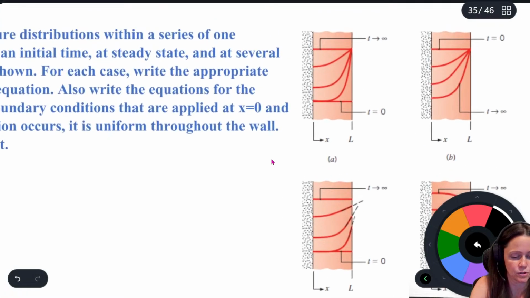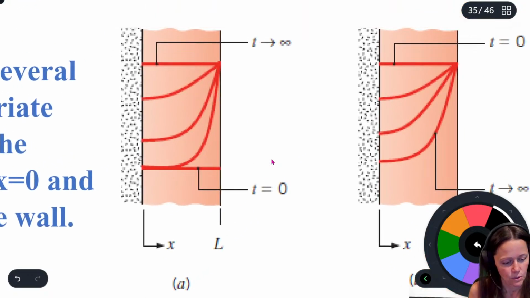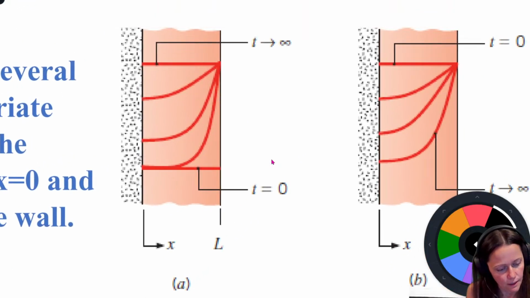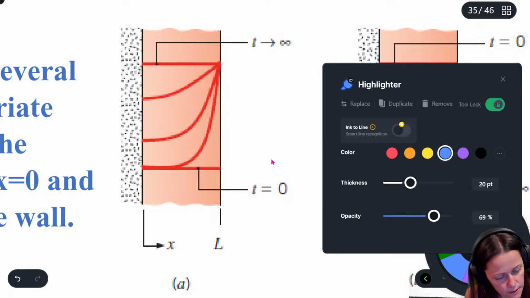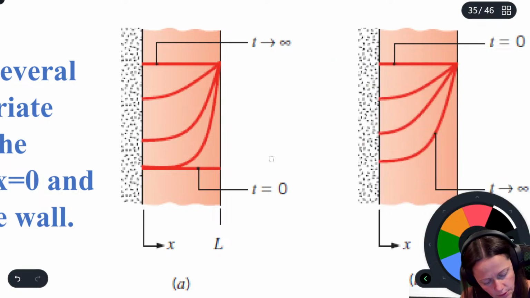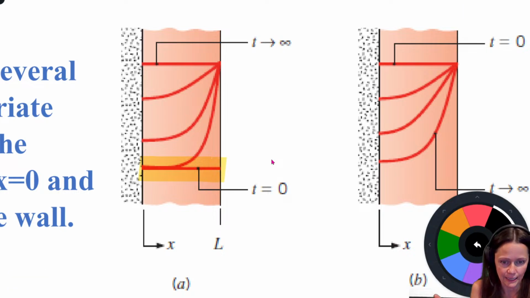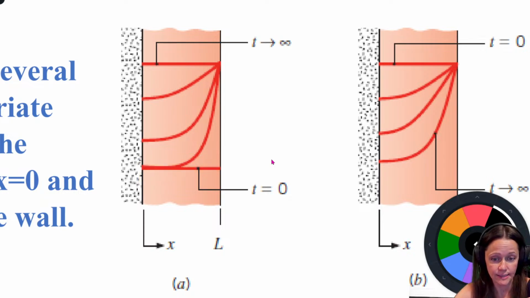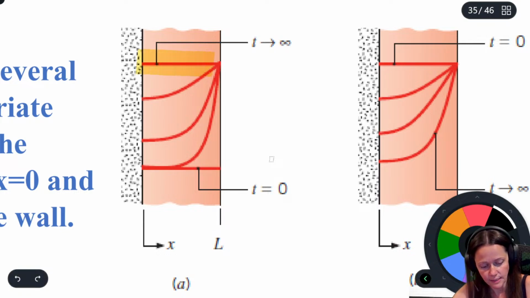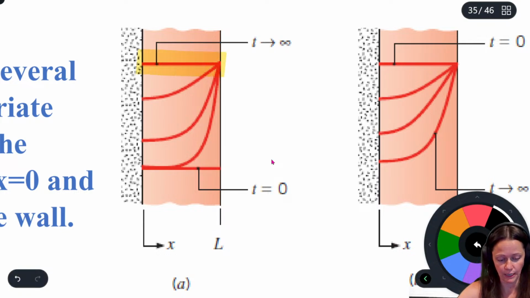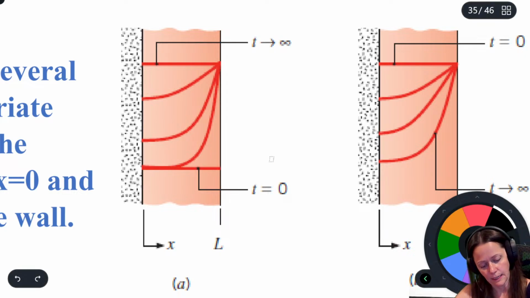So I'm going to zoom in on one of these. So at time 0, right, because it says at an initial time, there we go, and then it said at steady state, this is steady state as t goes to infinity, and then at several intermediate times.